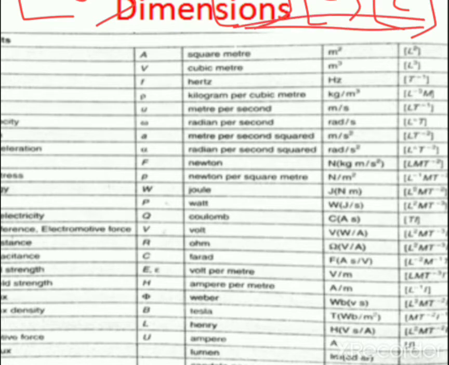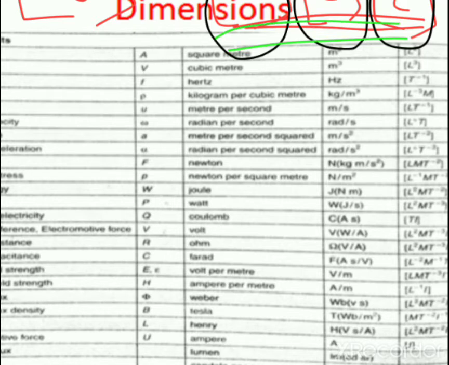This 3 times L is written because of the dimension of length, the dimension of breadth and the dimension of height. So it becomes L cube in square brackets. So this is the dimension of the volume.